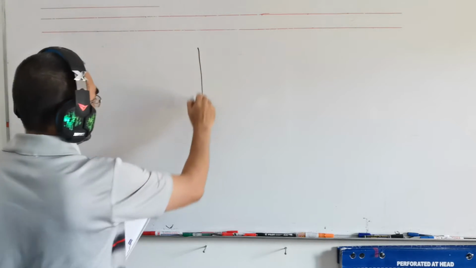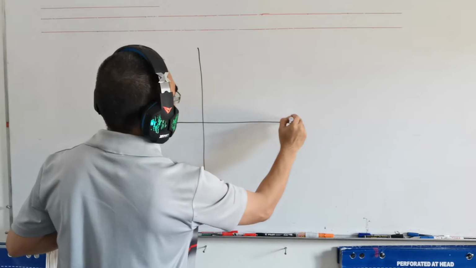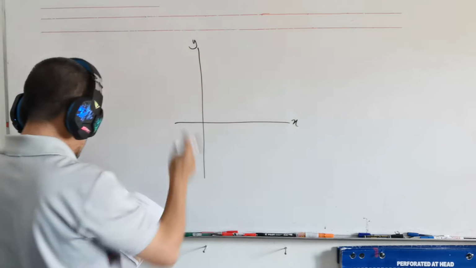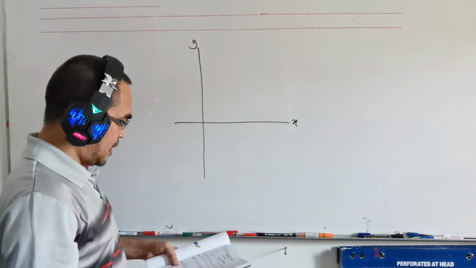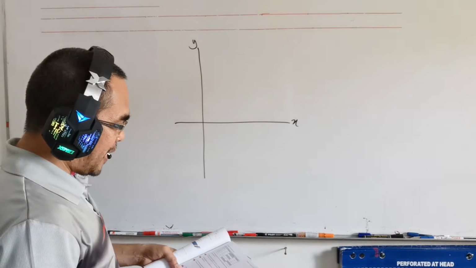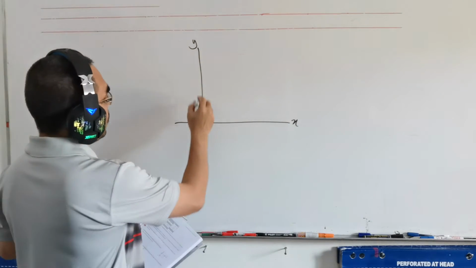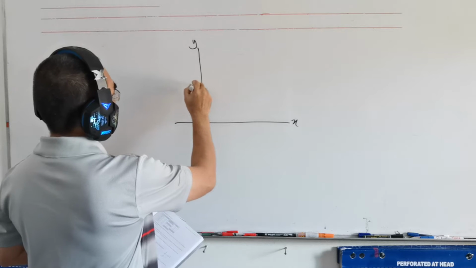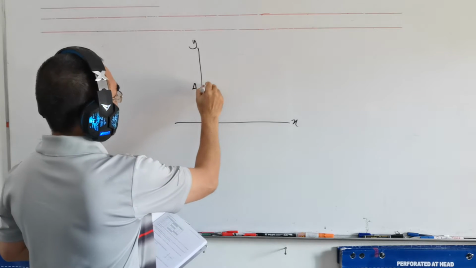That is the y-axis and the x-axis, and they tell you that there is a straight line with gradient 4/3 and point A is 8. A will be here, 8.